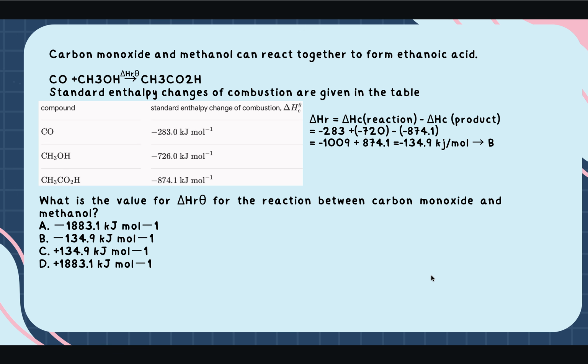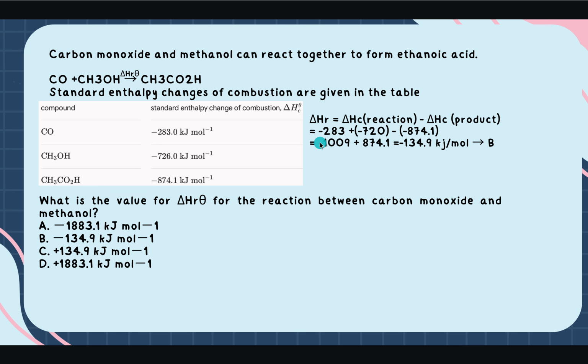Next question. Carbon monoxide and methanol can react together to form ethanoic acid. This is the reaction. The standard enthalpy changes of combustion are given in the table. This is the data. To solve this question, we use this formula: the enthalpy change of reaction is the delta HC of the reactants minus the delta HC of the products.